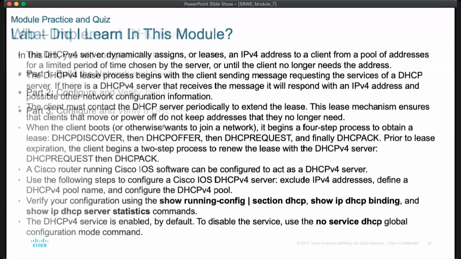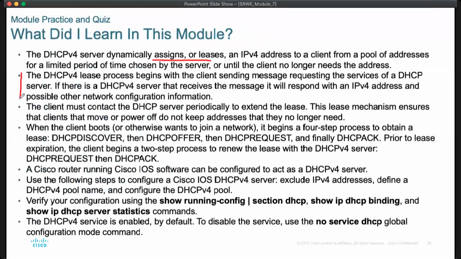The DHCP lease process begins with the client sending a message discovering the services of a DHCP server. If a DHCP server receives the message, it will respond with an IPv4 address and possibly other network configuration information. The client must contact the DHCP server periodically to extend the lease.